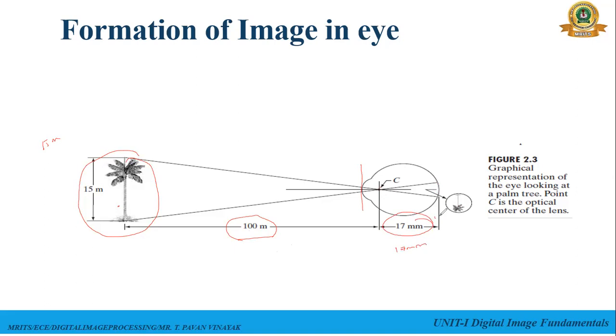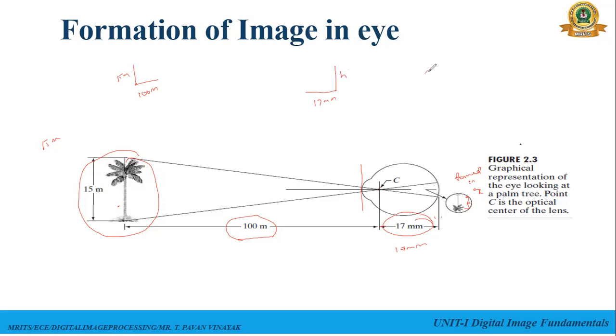Then what is the height of the image formed in the eye? This is 15 meters, this is 100 meters, this one is 17 millimeters, and this one we don't know, H.